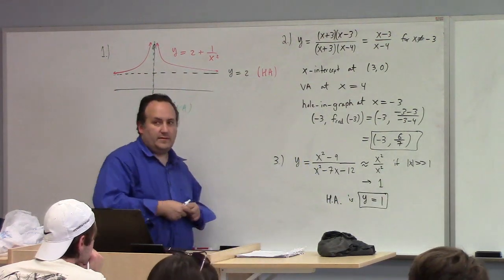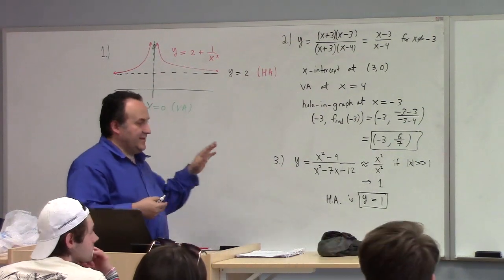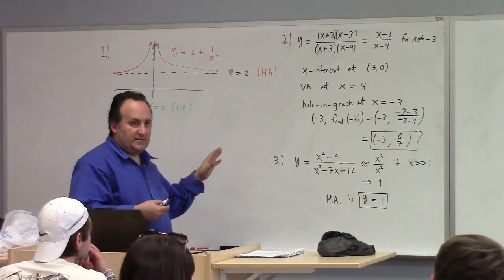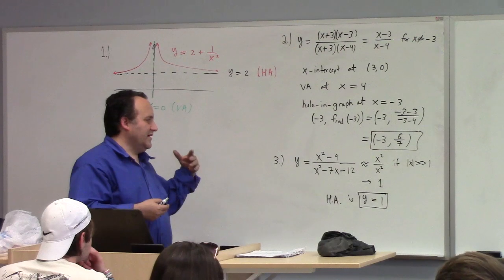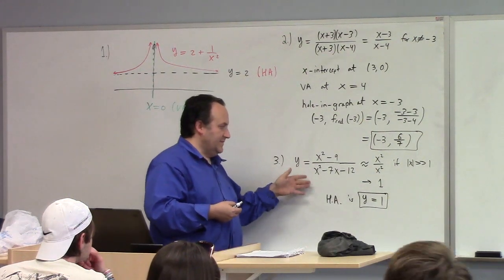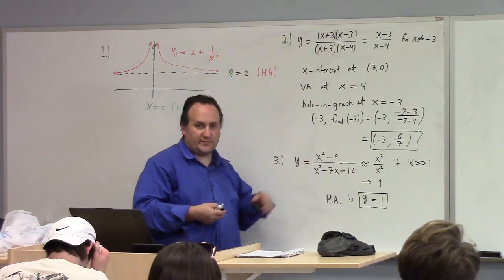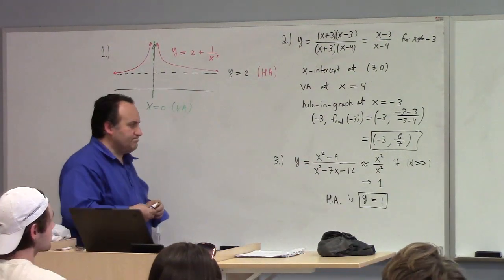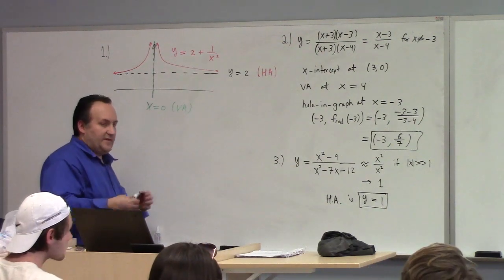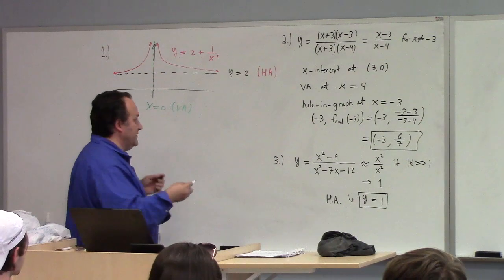Now you could see that by plugging in, like 10, you'll get essentially 100. Well, put in 100, you get like 10,000 divided by 10,000, and the other terms are practically negligible when you get to like 100. But there's a theorem that you can remember, put on your formula sheet if you like, and here's the theorem, guys.